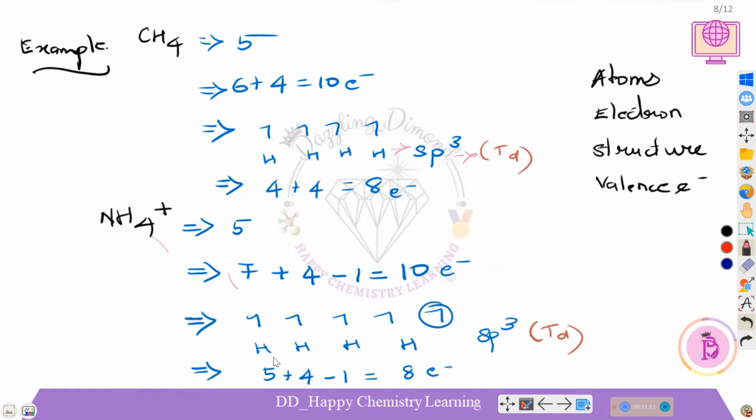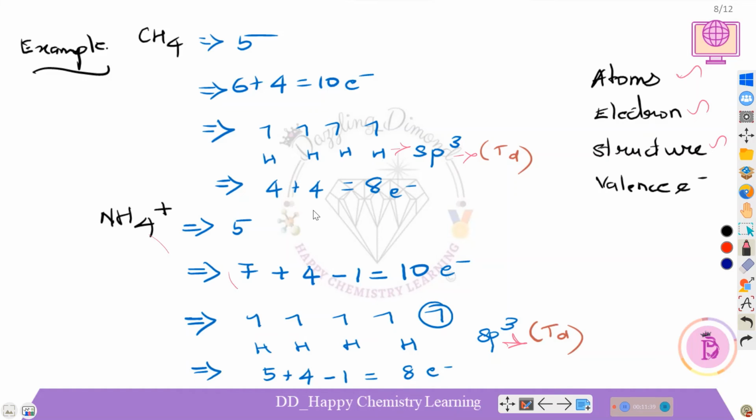In NH4 plus, same, right? Nitrogen will have 1 2 3 4 5 valence electrons, right? And you will be neglecting one electron due to the presence of one positive charge, and here also it has no lone pair, it has sp3 hybridization, so the structure is tetrahedral. Okay, so the number of atoms is same, number of electrons is same, structure is same.